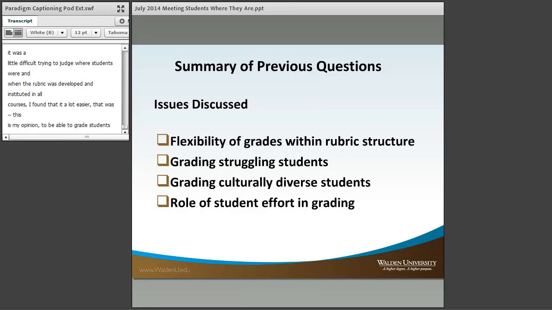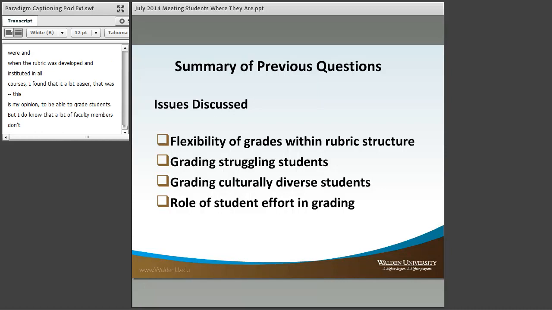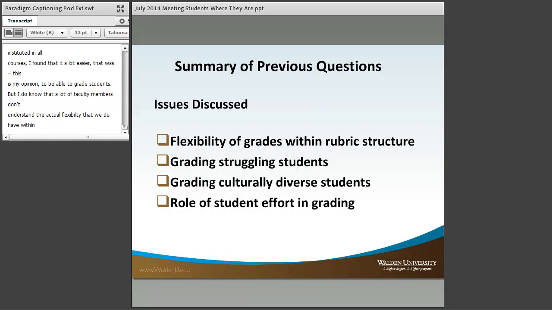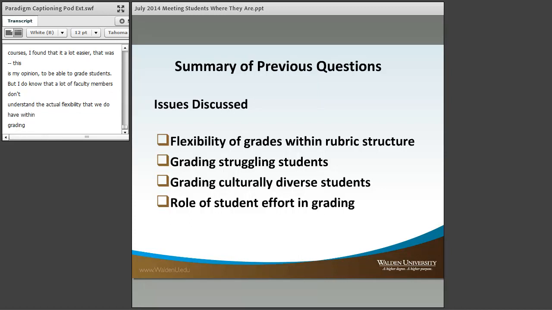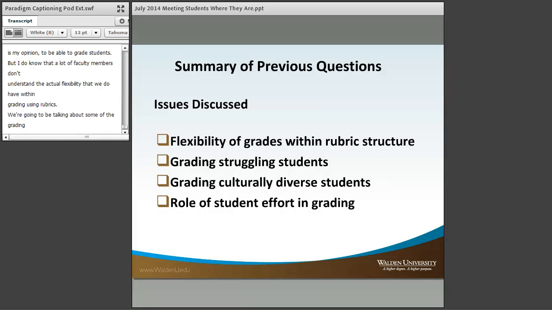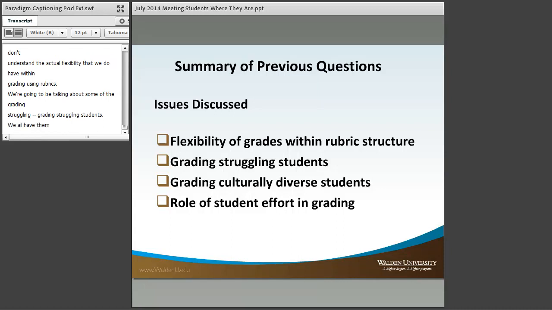But I do know that a lot of faculty members don't understand the actual flexibility that we do have within grading using rubrics. We're going to be talking about some of the grading of struggling students. We all have them because Walden, as you know, has the philosophy of giving students the opportunity to succeed.